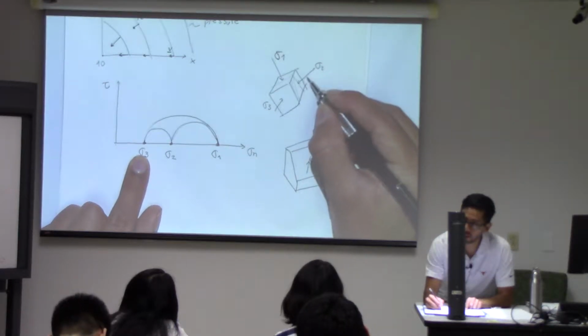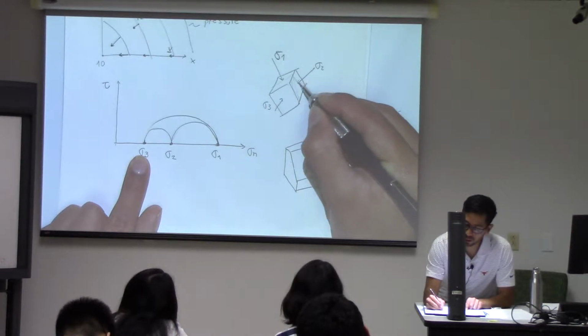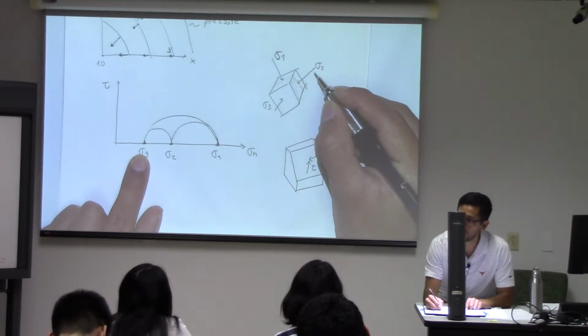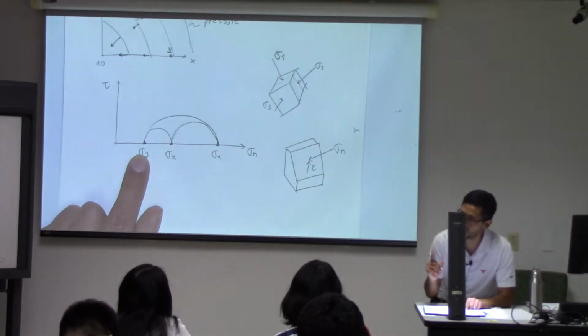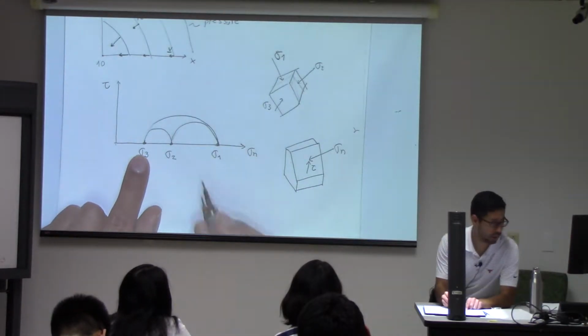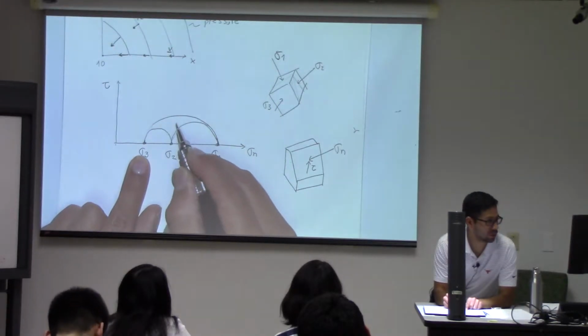Can you see that? So all of those planes, they have the direction of sigma 2. The projection of the direction of sigma 2 in those planes is 0. If that's the case, then you can get what is all those state of stresses.